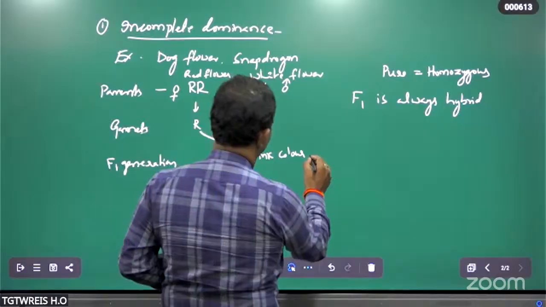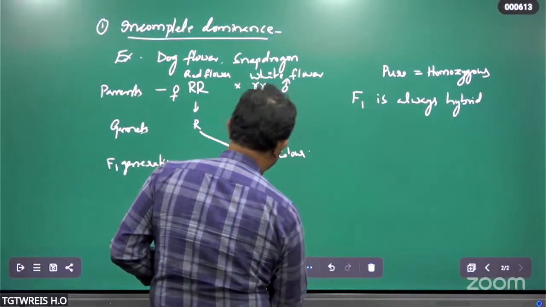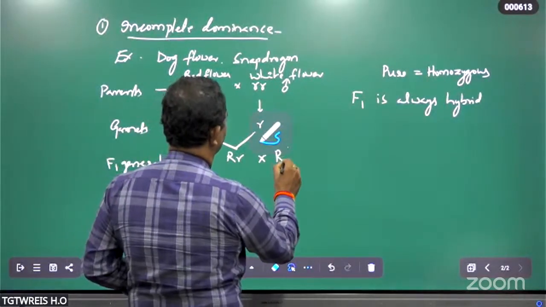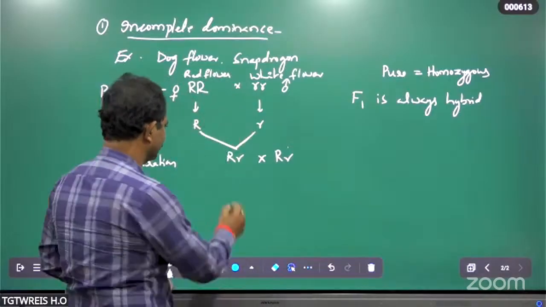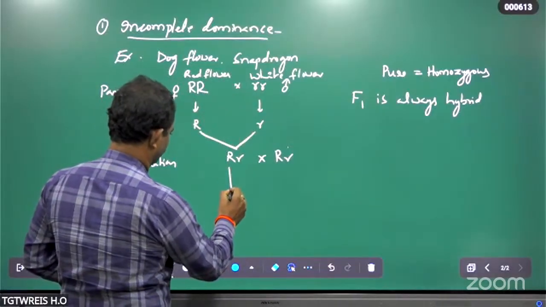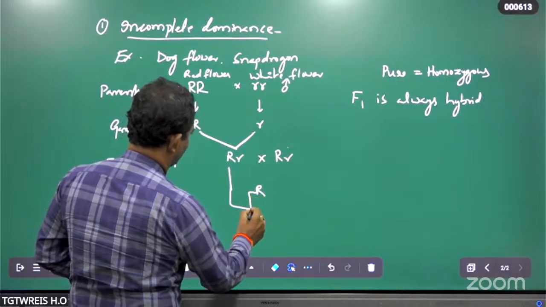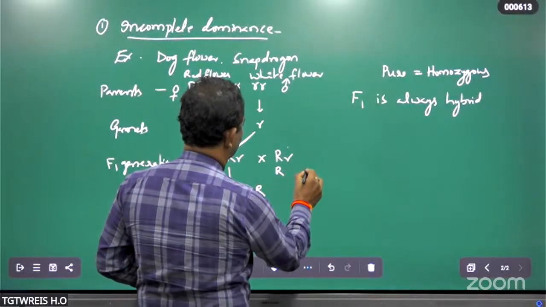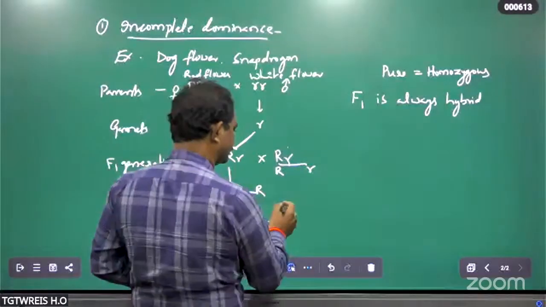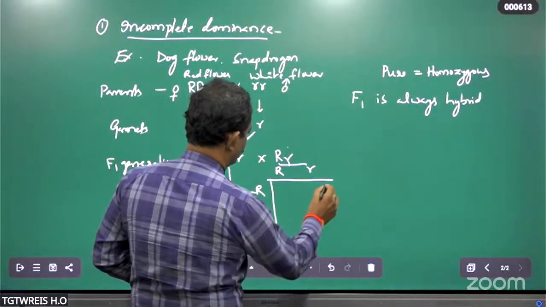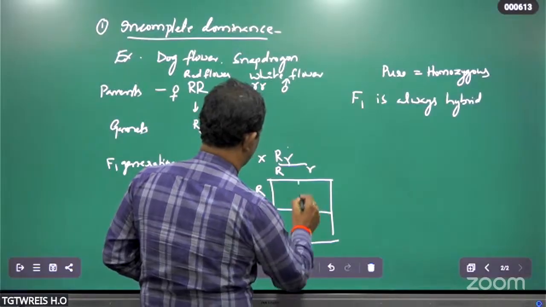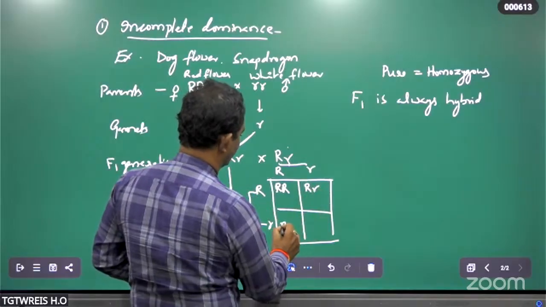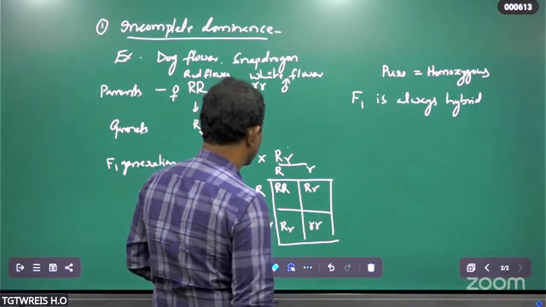F1 is self-crossed. Then we get capital R, small r gametes as well as capital R, small r gametes. So we get capital R capital R, capital R small r, capital R small r, small r small r.